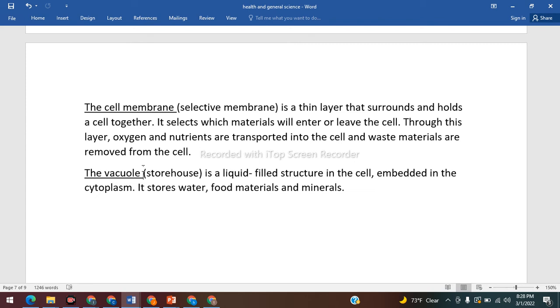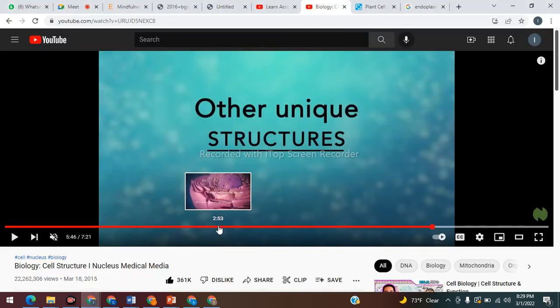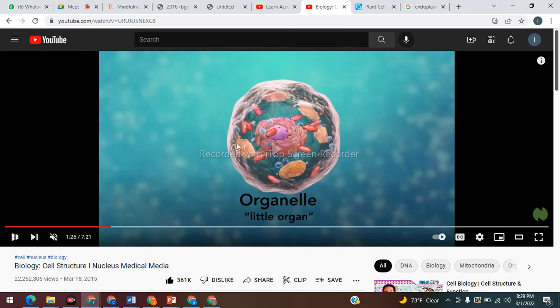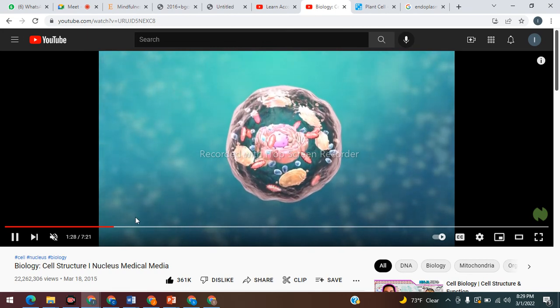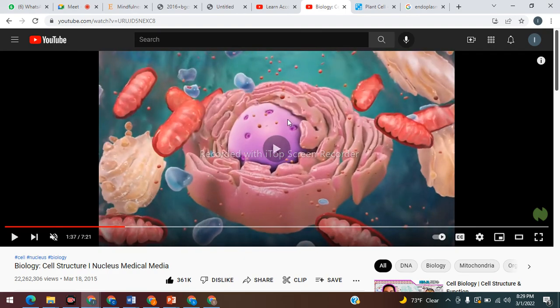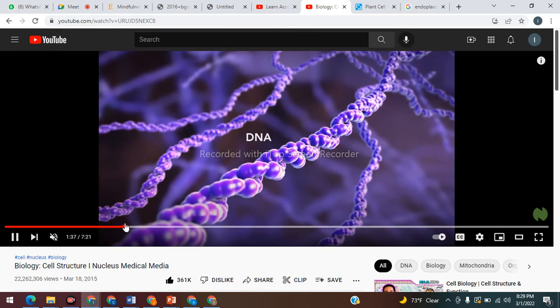Cytoplasm. Very good. If you see clearly, it's the gooey looking. You see how it has a jelly look to it? Yeah, that's the cytoplasm.